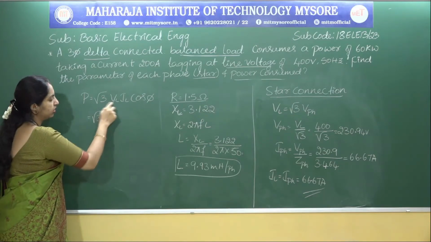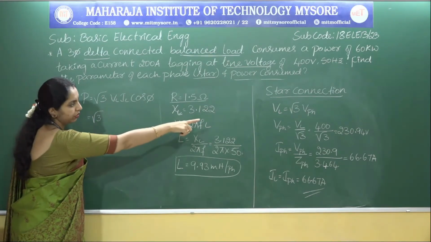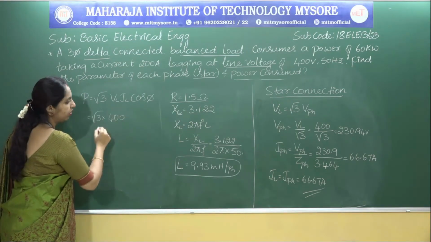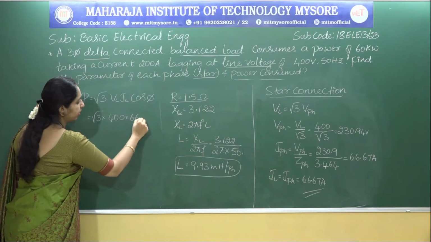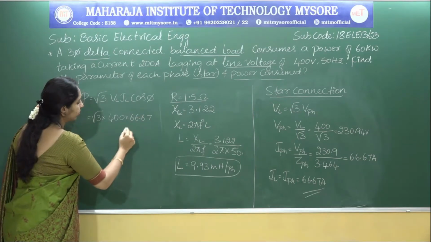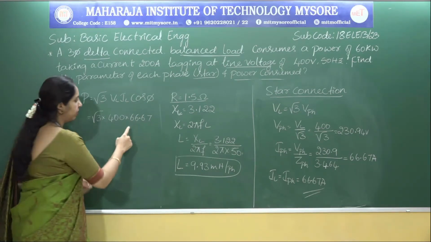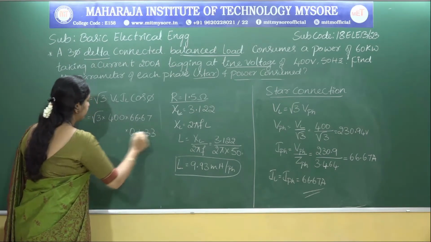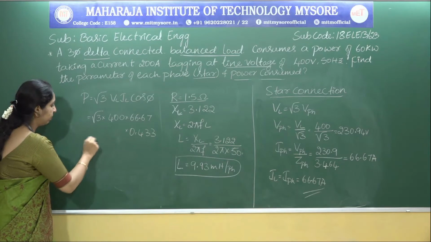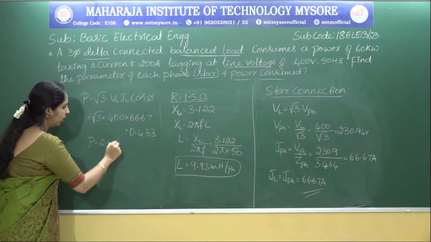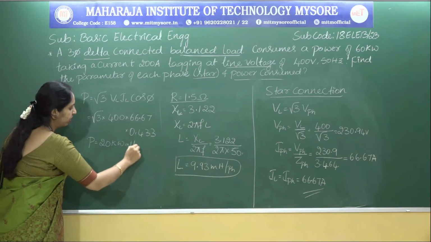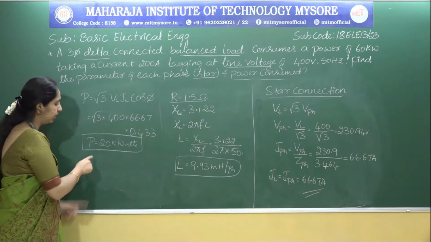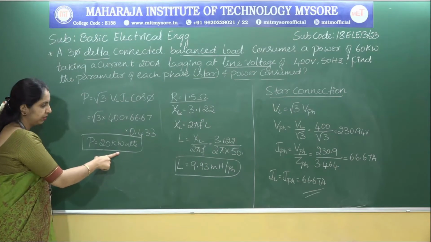So we can directly substitute VL, which is 400, into IL, which is 66.67, into cos phi, which we have already calculated as 0.433. Simplifying this equation, P is equal to 20 kilowatts. So we get power consumed in star connection as 20 kilowatts, right?